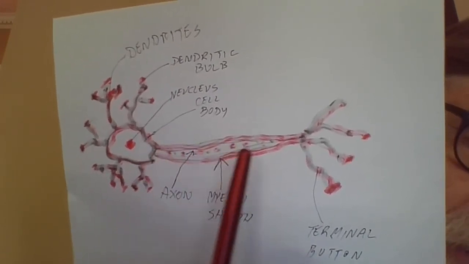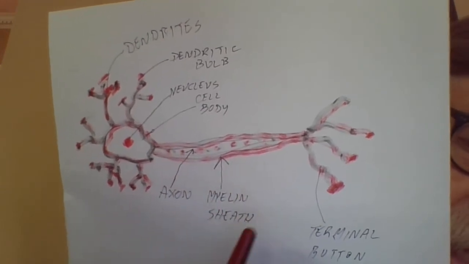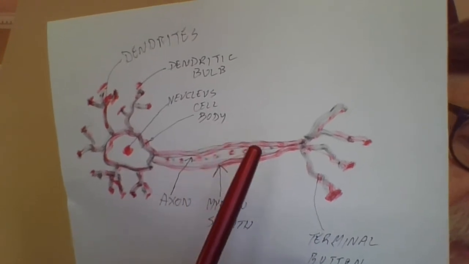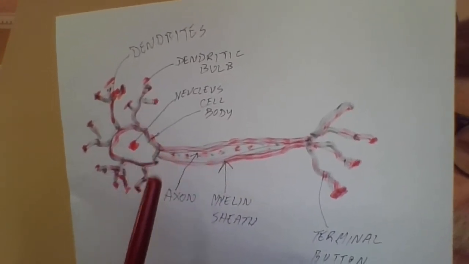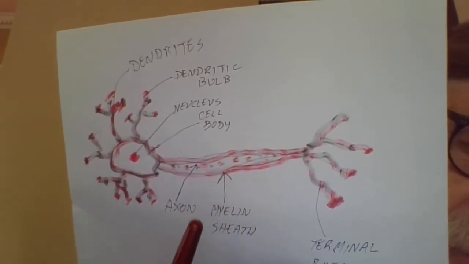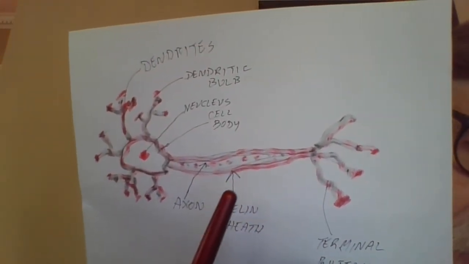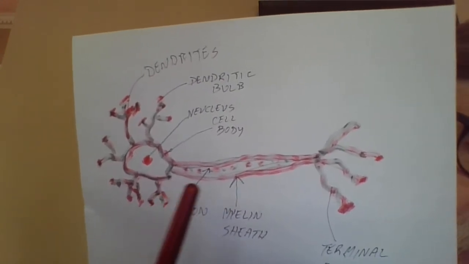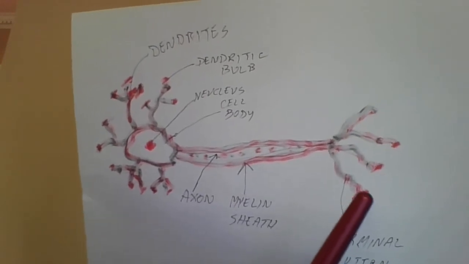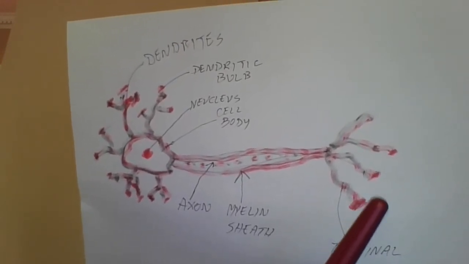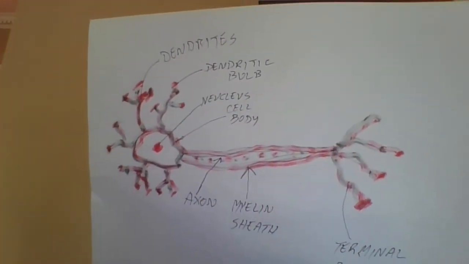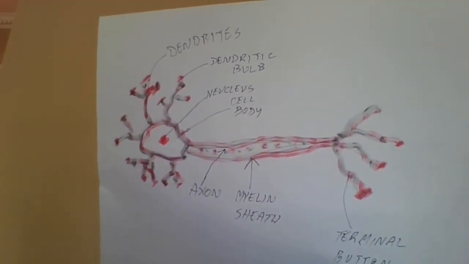The axon runs the length of the cell and is encased in a myelin sheath. The myelin sheath is an insulator. It's a protector, like a wire. So think of the axon as a wire transmitting an electrical current, and the myelin sheath as the insulator so that the axon can conduct properly. The signal travels to the terminal button, where the dendritic bulbs release neurotransmitter for the adjacent cells, the cells all around here, to receive and continue the transmission of the signal.